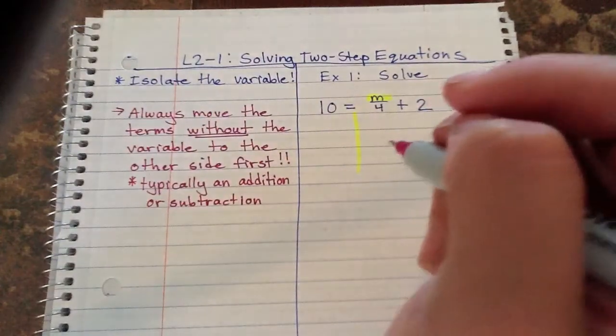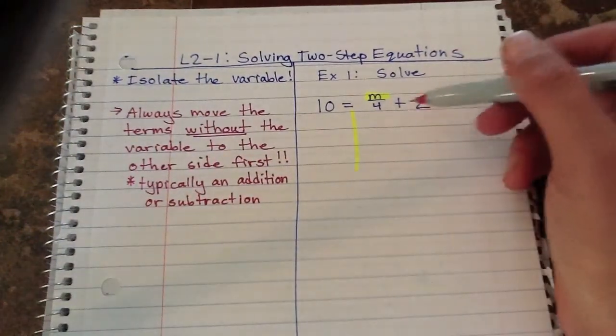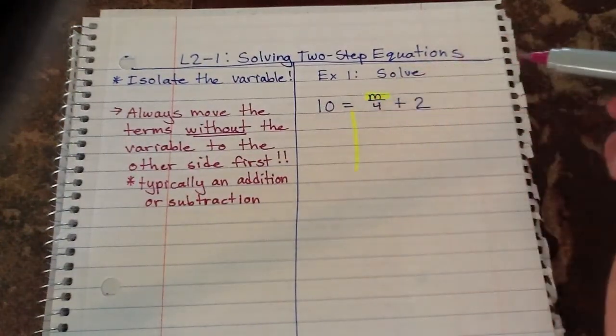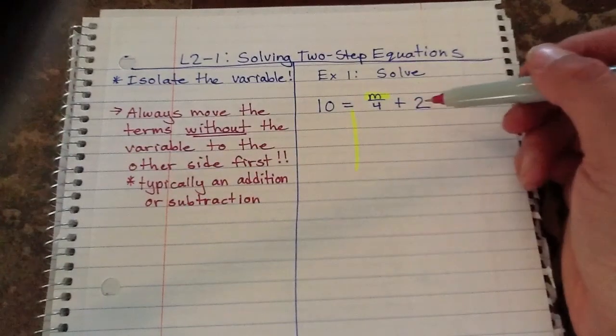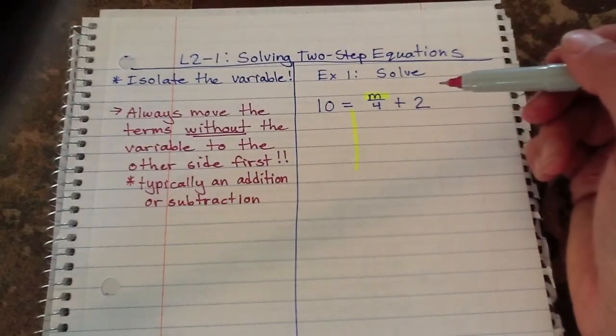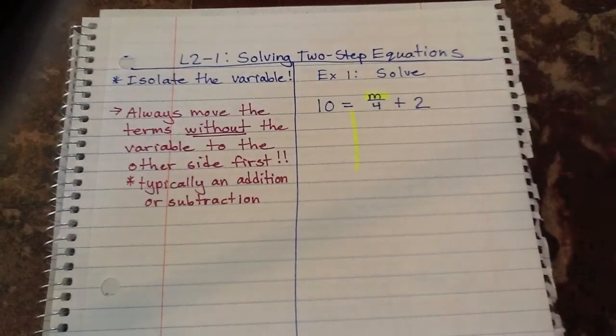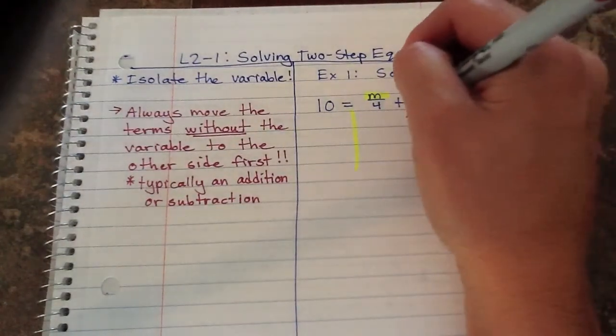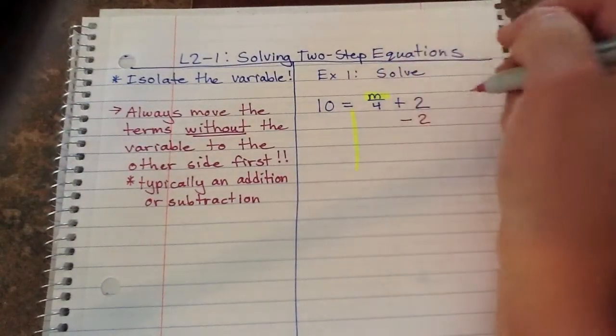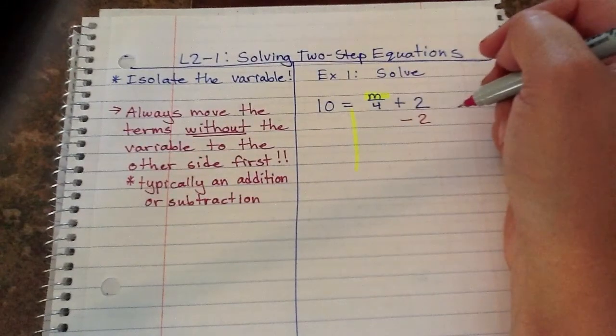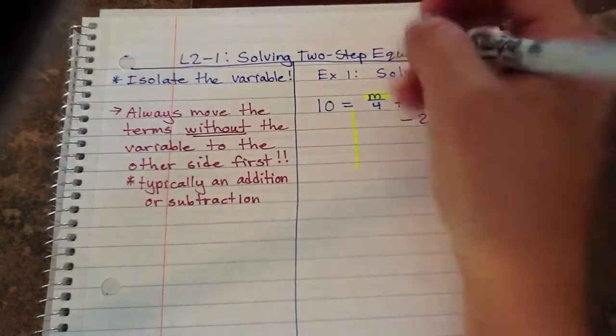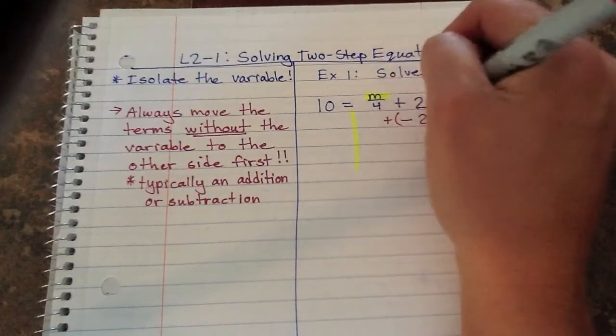It's typically addition or subtraction that's going to move away from that variable first. And in this case it's addition, so I need to use the inverse operation, which we just reviewed. Inverse operation would mean that I'm actually going to subtract 2, or a lot of you might know this as adding a negative 2. Completely up to you if you want to write it this way.